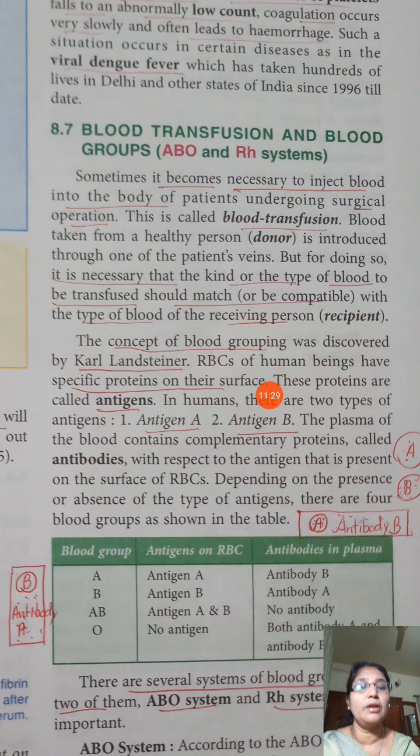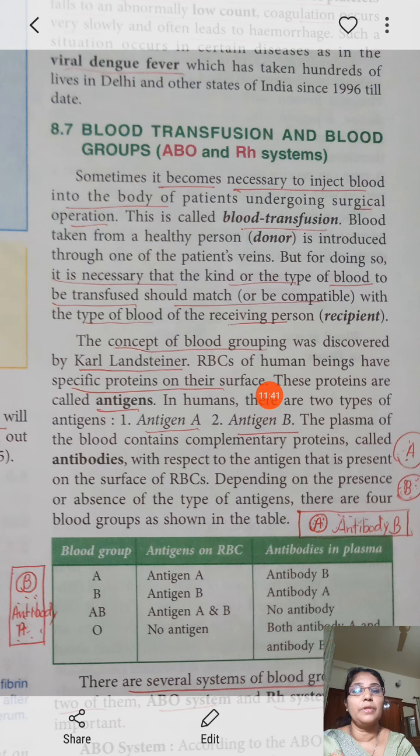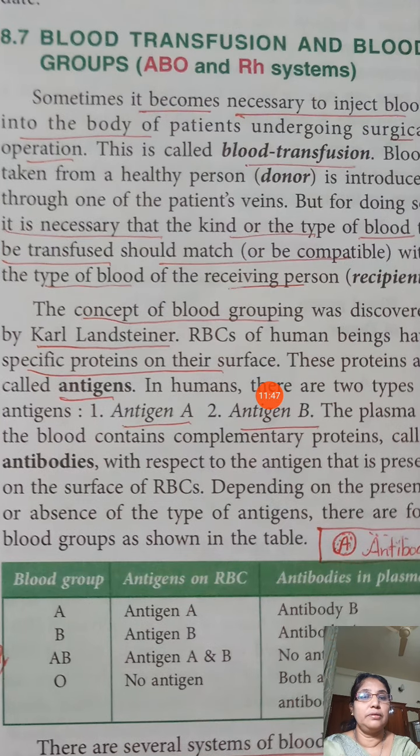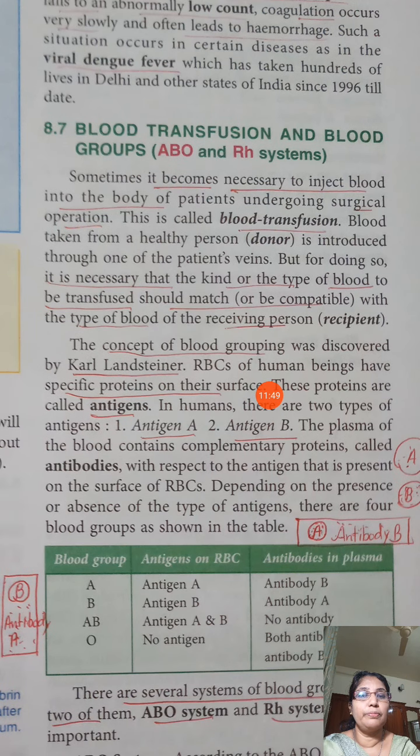The recipient's and donor's blood should match, because several proteins are present inside the blood. We know that, so a matching is necessary. According to compatibility, blood was grouped by a person called Karl Landsteiner.